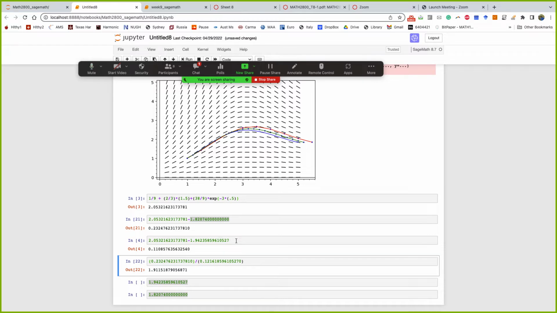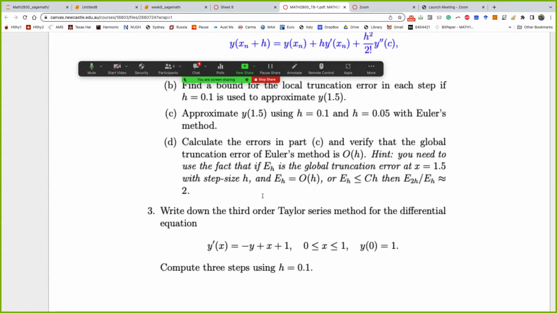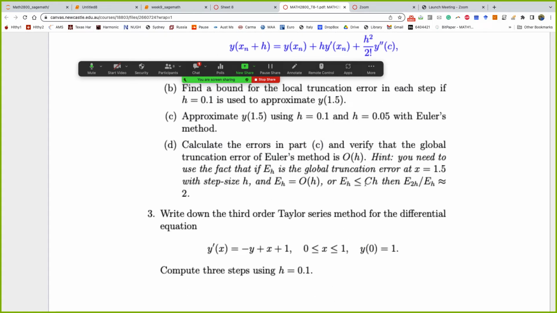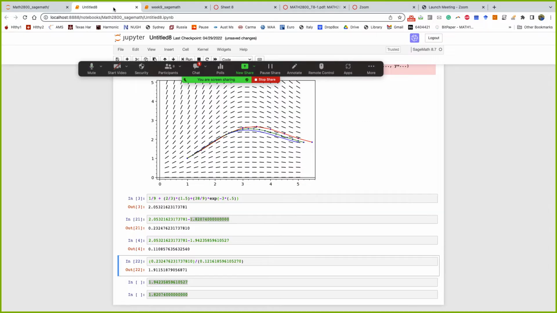Now you see this. One of them is E with index 0.1, and one of them is E with index 0.05. So let's go back to the SageMath.